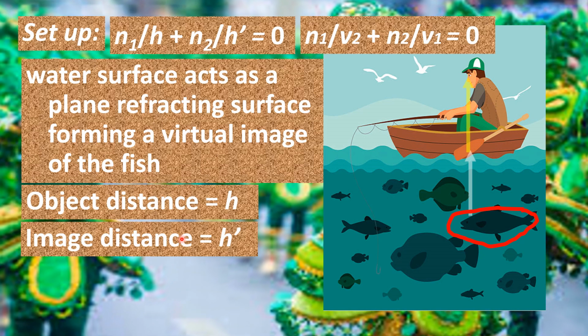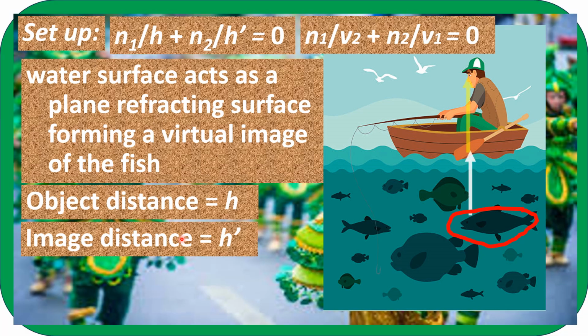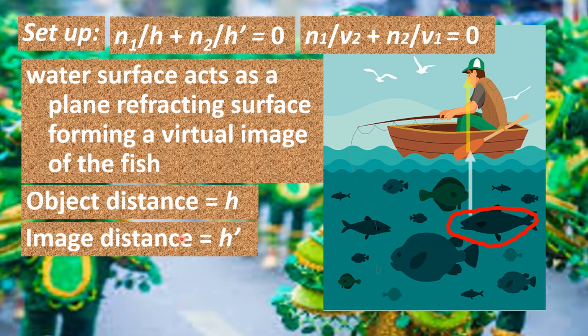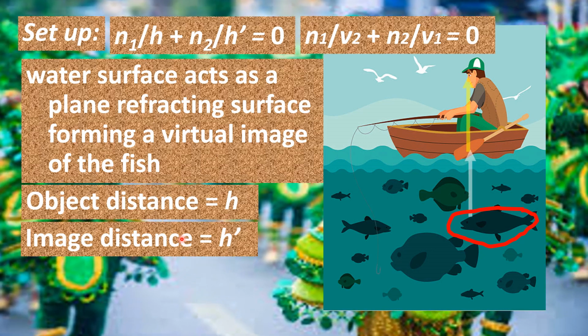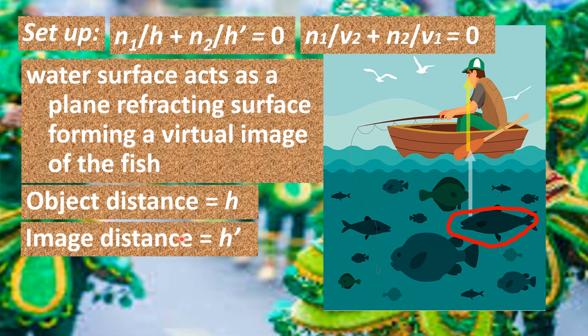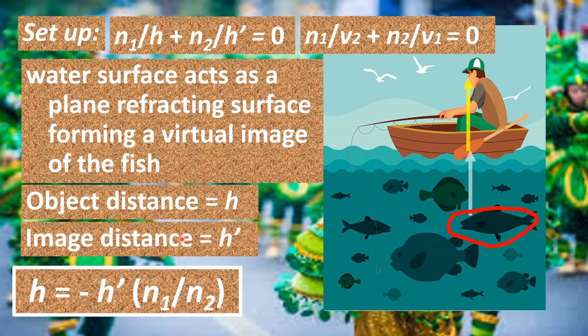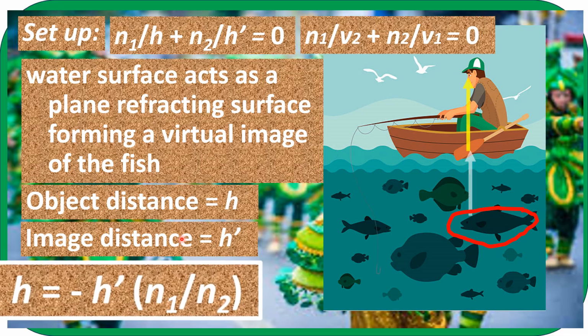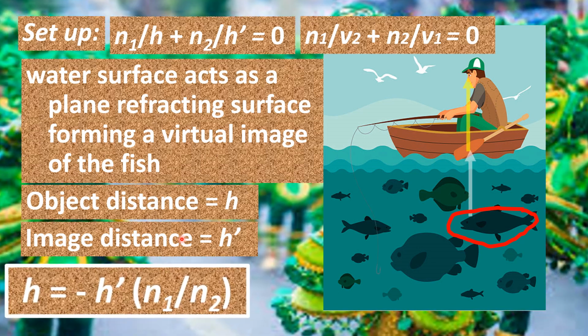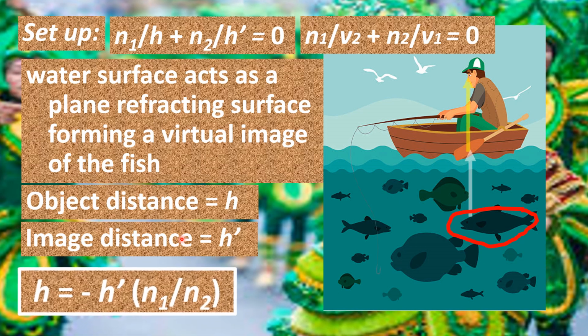And our working formula to calculate for h, or the actual position of the fish, will be h is equal to negative h prime multiplied by the ratio of n1 over n2.